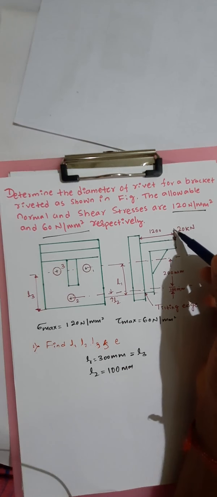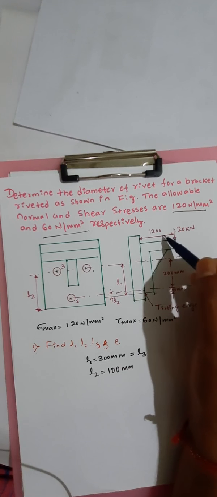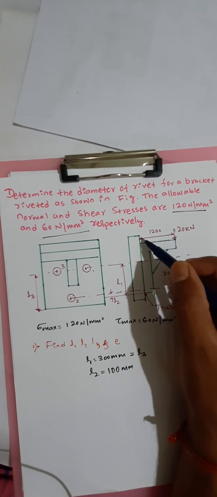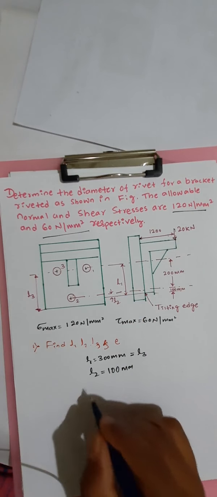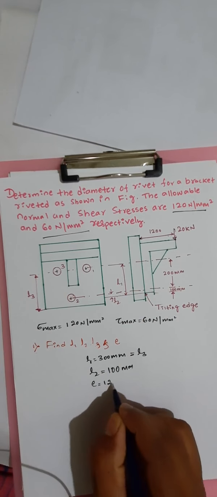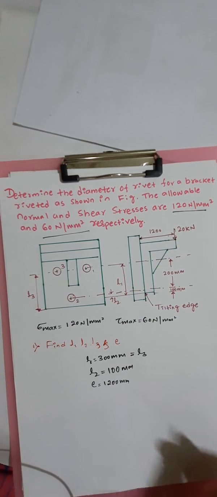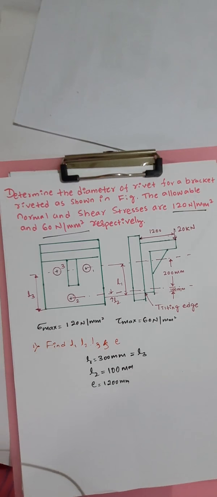This is the eccentric load acting on this particular bracket, at a distance of 1200 mm from the tilting edge, so E is equal to 1200 mm. This is how we find L1, L2, L3 and the value of E.